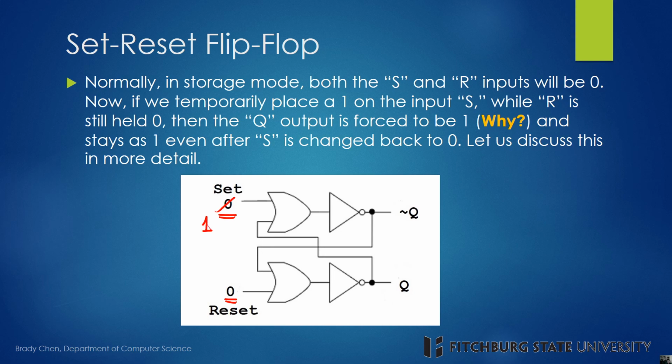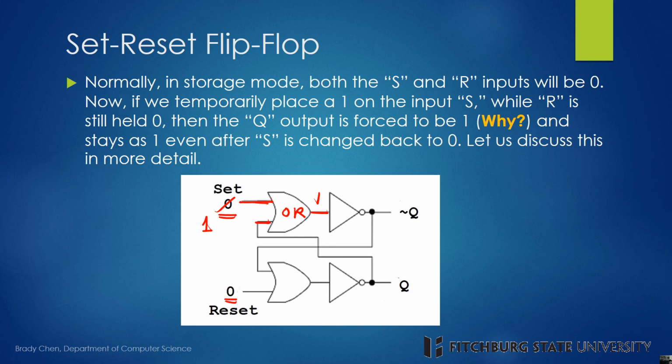That means one of the inputs of this OR gate is 1, so the output should be 1, because it doesn't matter what the other input is.